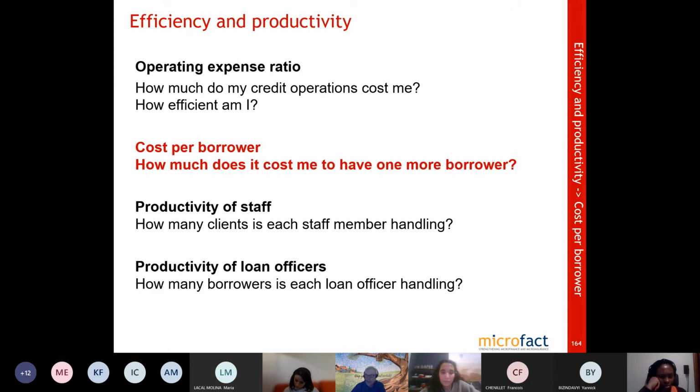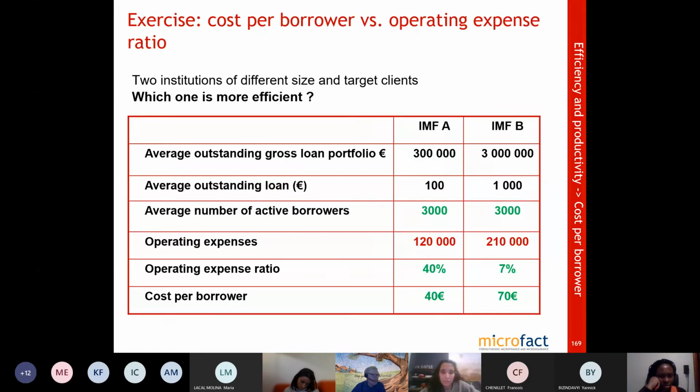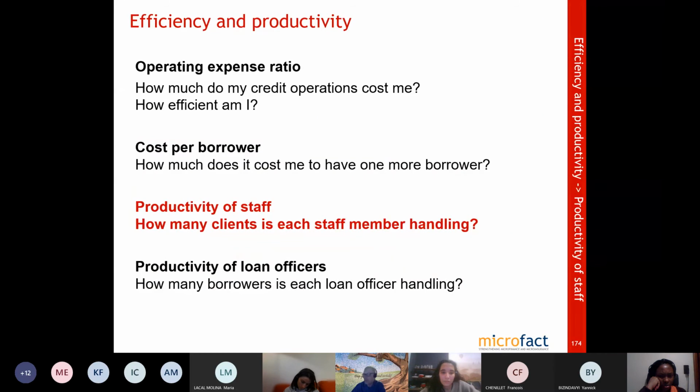But okay, I will skip. If we have really a lot of time available, we can discuss this later. So keep it in mind if you really want, but it's not an interesting one. This is more interesting by looking at productivity of staff and productivity of loan officers.